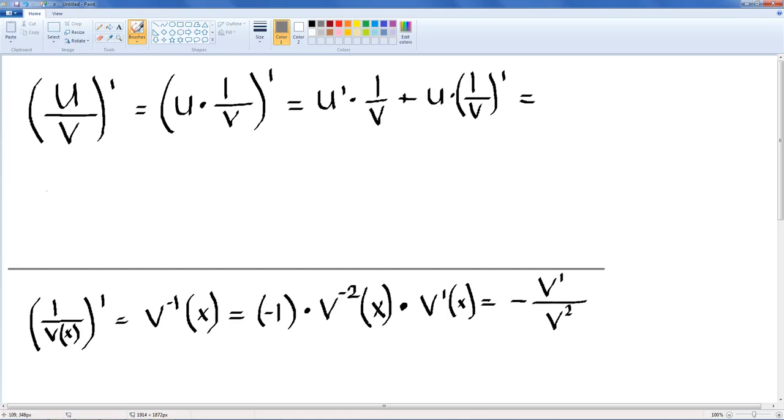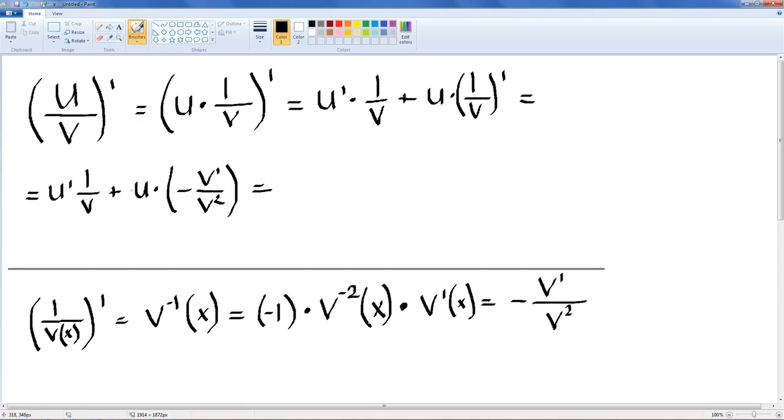And so the above part equals u prime times 1 over v plus u times, and what we found here is negative v prime over v squared.